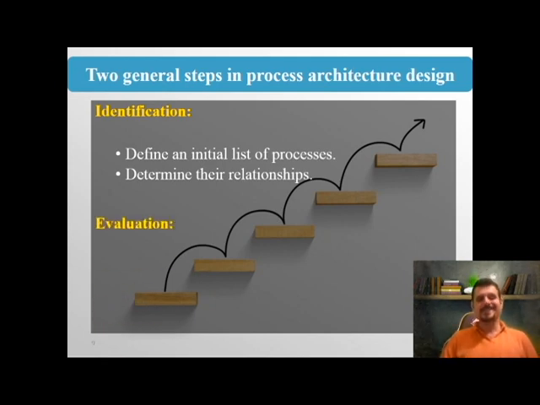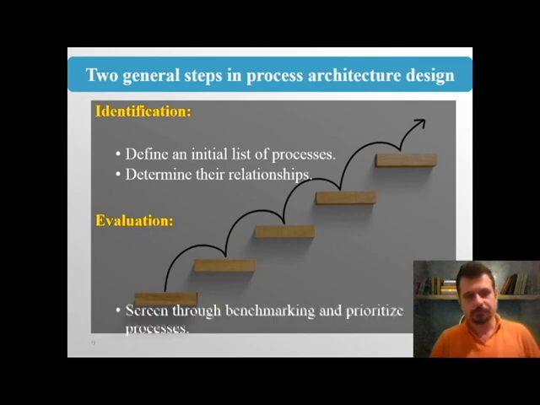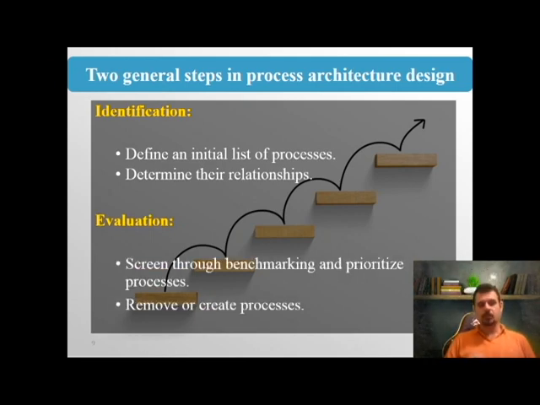The second is evaluation. Why and what evaluation? Evaluation leads to a screen through benchmarking and prioritizing processes. For example, we have 300 processes. You should choose some processes, 5 or 10 processes among these 300 processes, to start continuing the BPM life cycle.